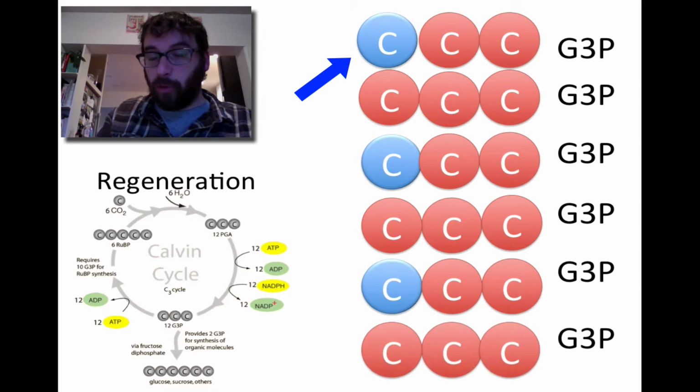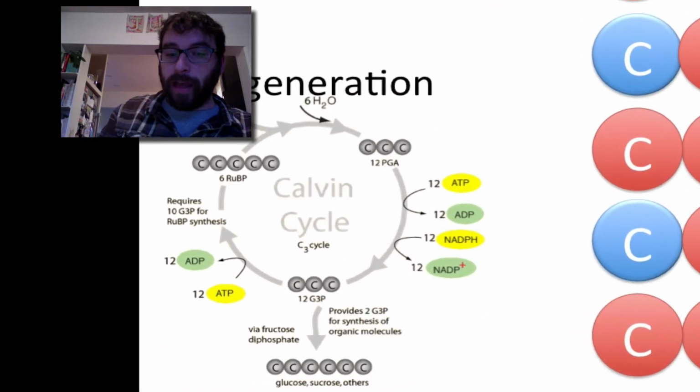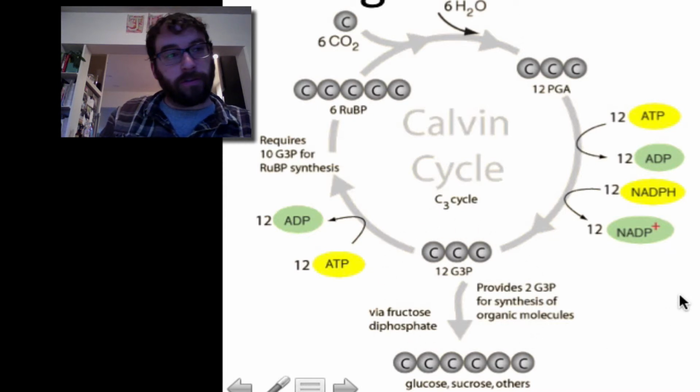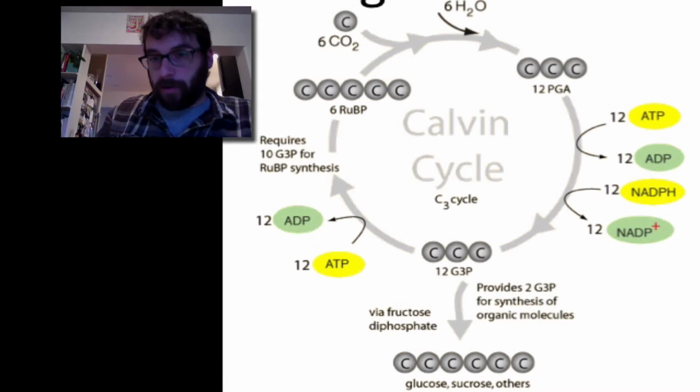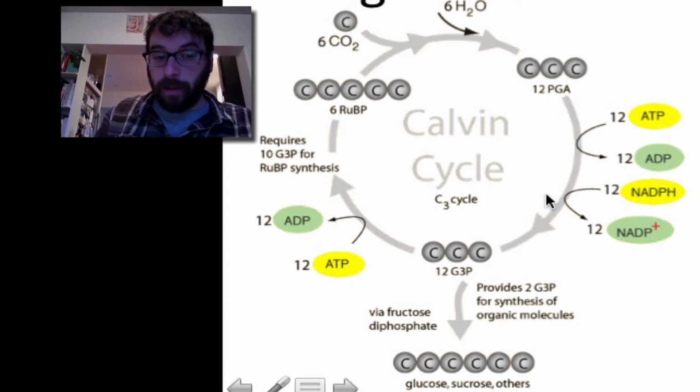So once you've got 12 of them, you've got enough carbon to build a glucose. So 2 of those G3Ps exit the cycle. As you can see at the bottom of the diagram, 2 of those G3Ps go on to form glucose or other organic molecules.